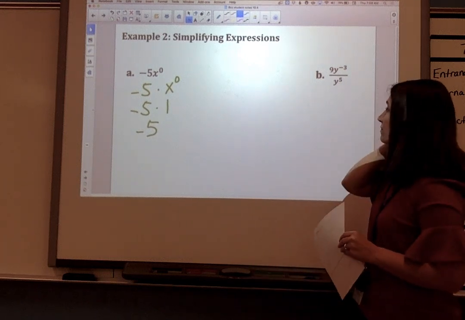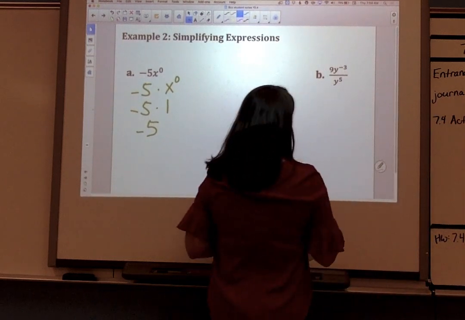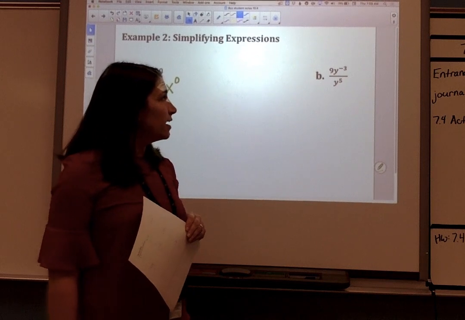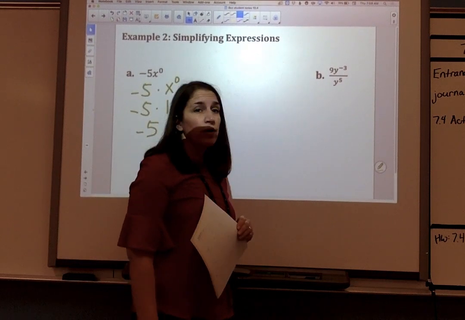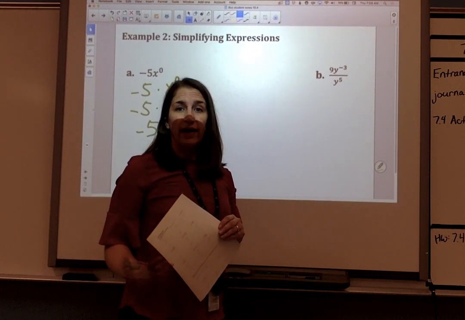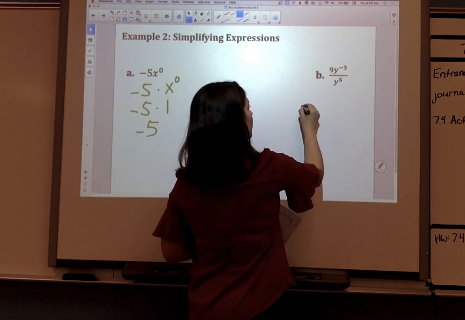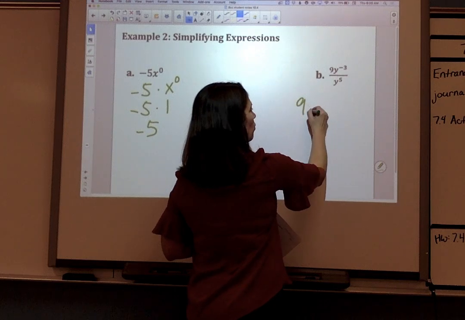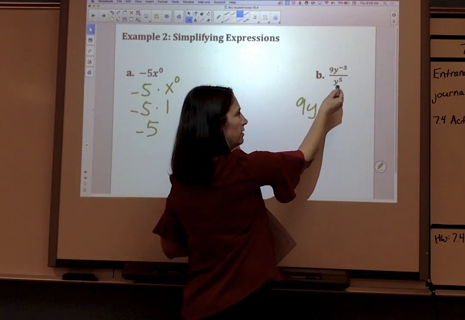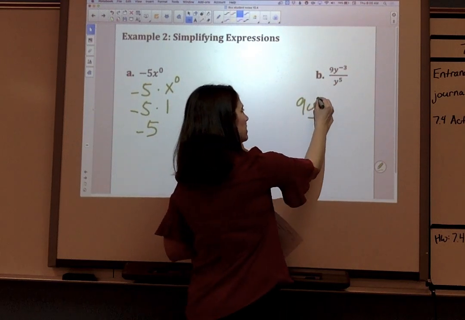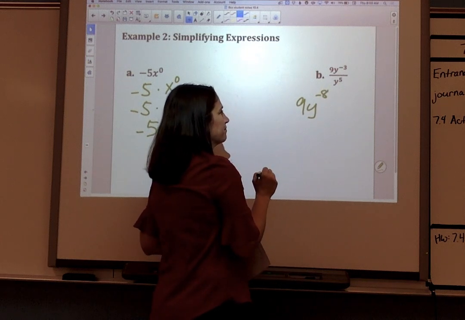On our next example, we have 9 times y to the negative third power all over y to the fifth power. So I'm going to simplify this by saying 9 times y to the negative 3 minus 5 power, so that's y to the negative 8th power.